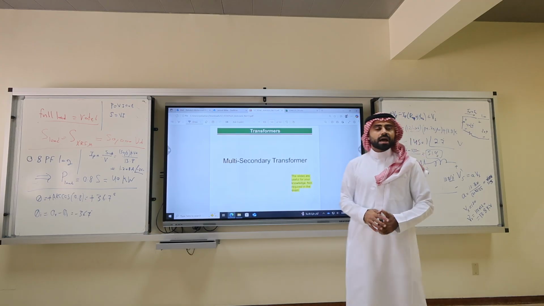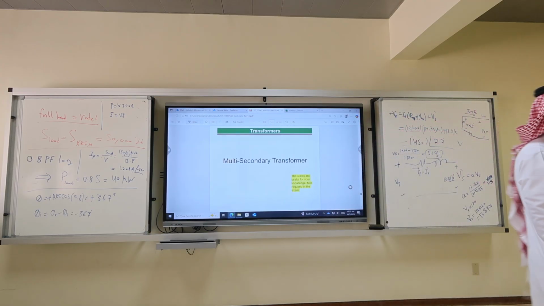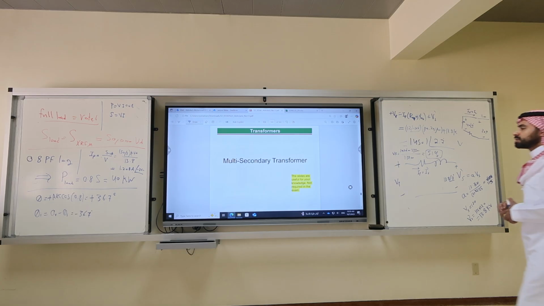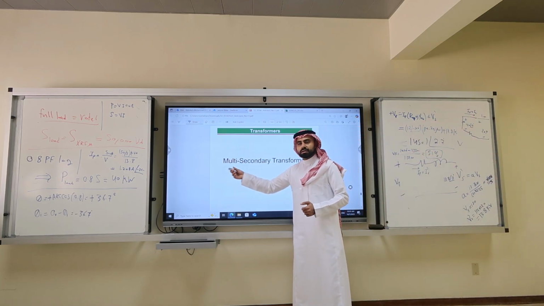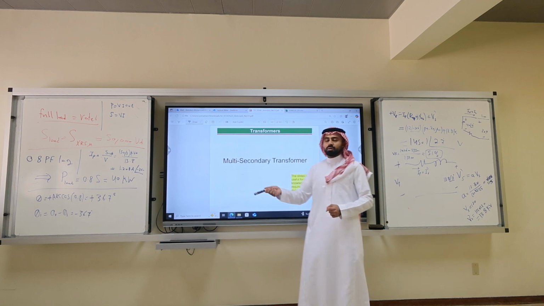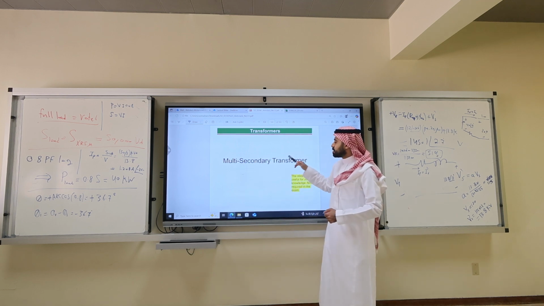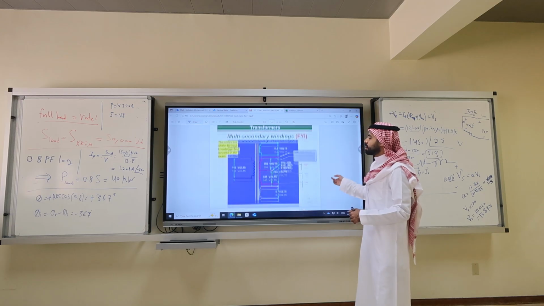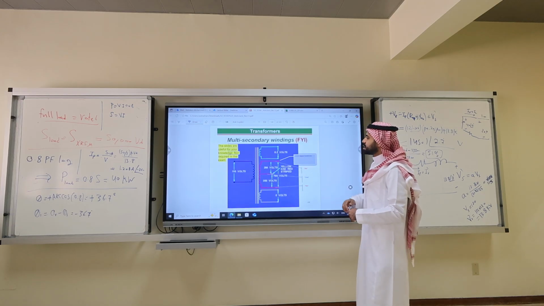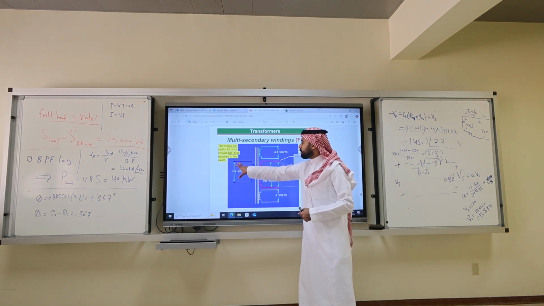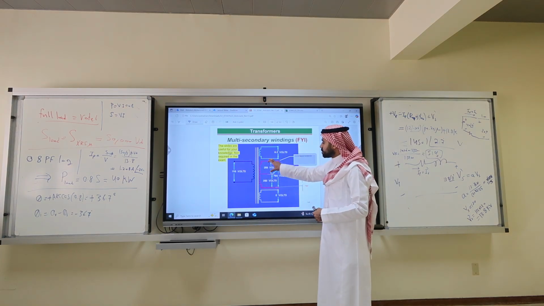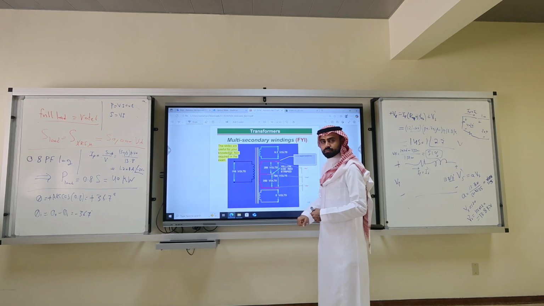What else are we not going to ask you in the test? The multi-secondary transformer. From its name, multi, meaning multiple. Secondary means the coil, secondary. Transformer. For example, if you look at this multi-secondary winding, you apply 110 volts, then you get 1, 2, 3, 4.